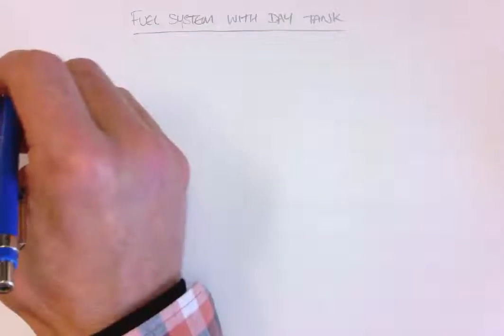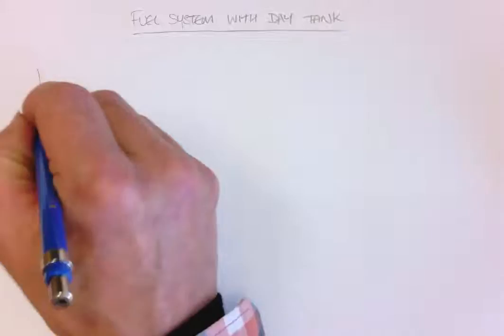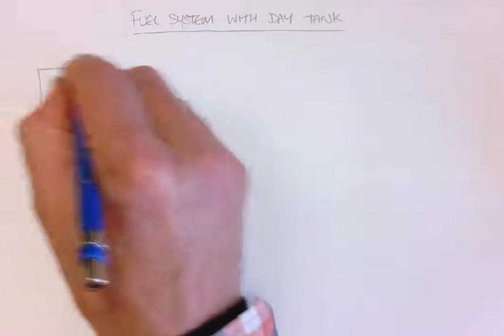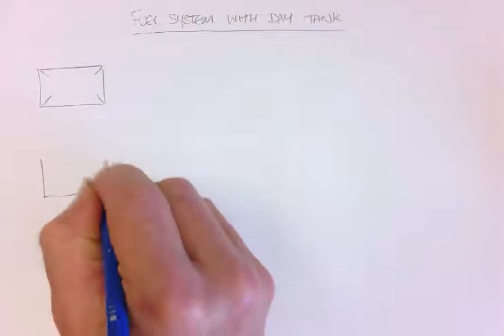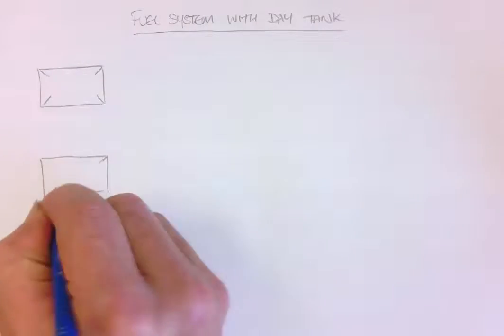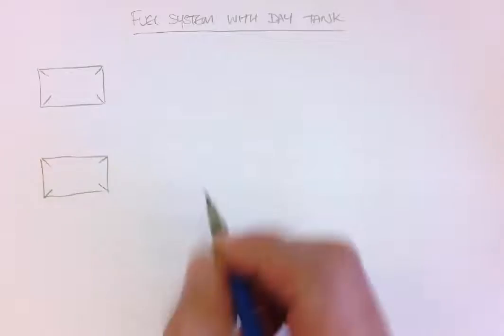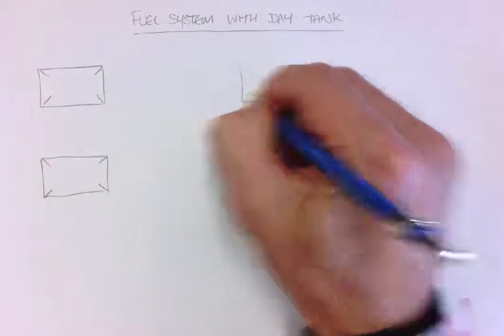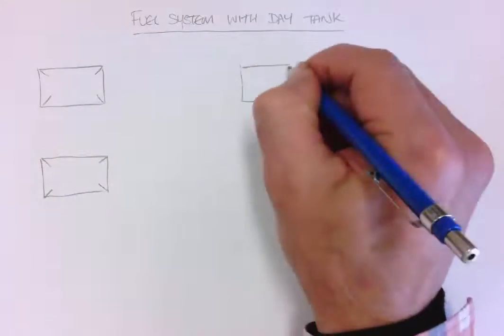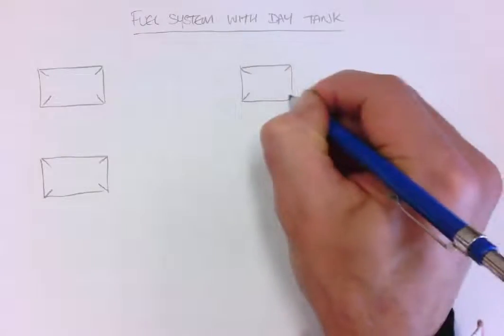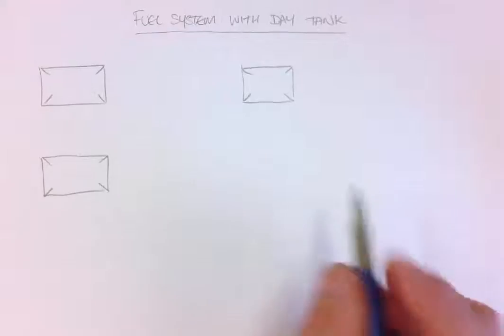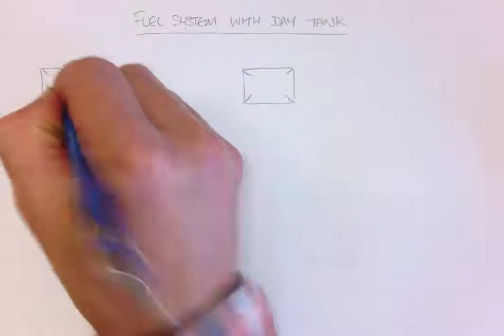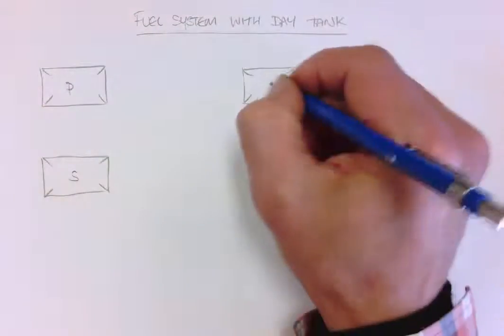This is a fuel system similar to what Bluefin has, and I'll show you a video in a little while. And this uses a day tank or a daily service tank, and basically it's a smaller tank that has a day's amount of fuel to operate the vessel with. So here would be our port and starboard supply tanks.